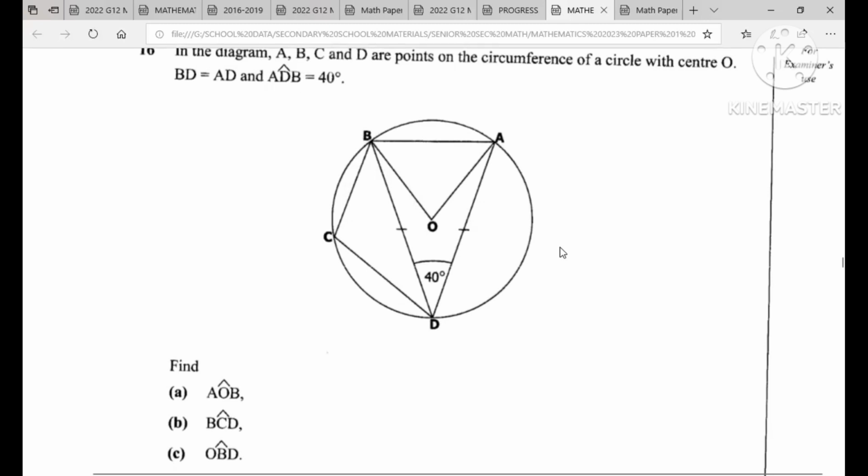So what do we mean when we say that? When you check this chord BA or AB, it is on the circumference of this whole circle here, right? Yes.